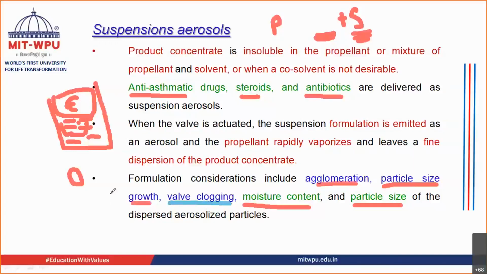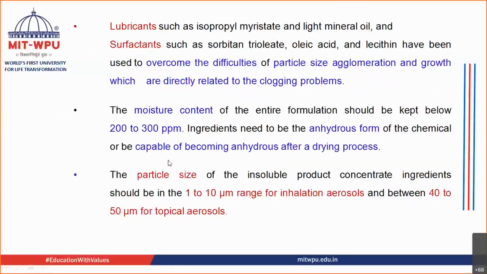So how are you going to maintain this? Usually the particle size required is in the range of 1 to 10 microns for the inhalation aerosols, and near about 40 to 50 microns for the topical aerosol. Why is this smaller size required in case of inhalation aerosol?